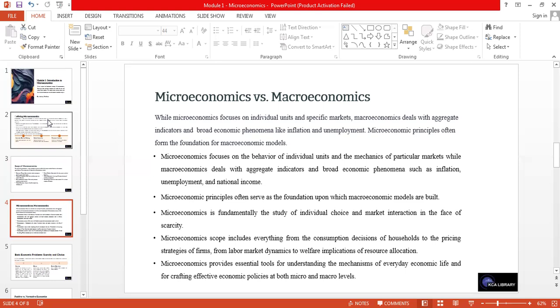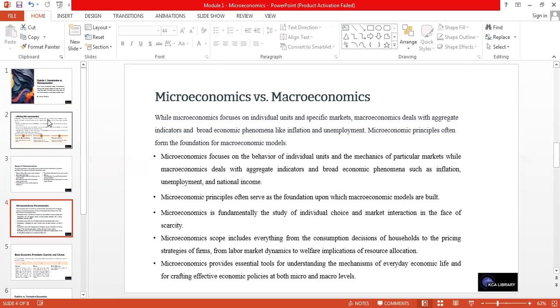Microeconomics is fundamentally the study of individual choices and market interaction in the face of scarcity. Also, microeconomics' scope includes, just like we've discussed the other time, everything from consumption decisions of households to the pricing strategy of firms, from labor market dynamics to welfare implications of resource allocation.